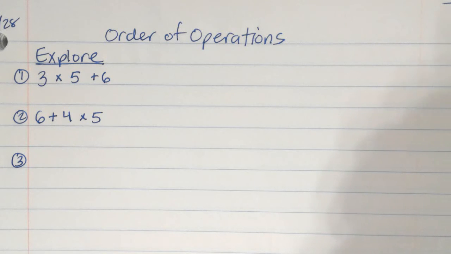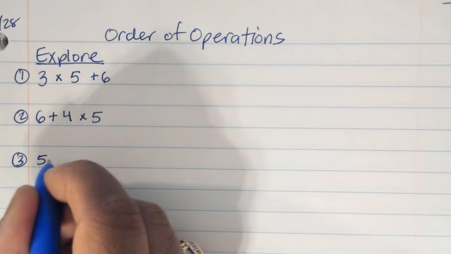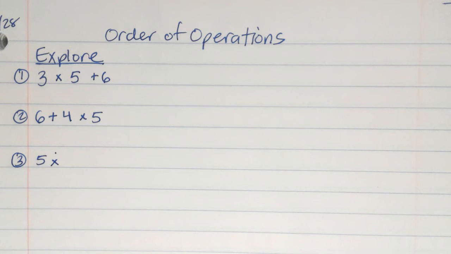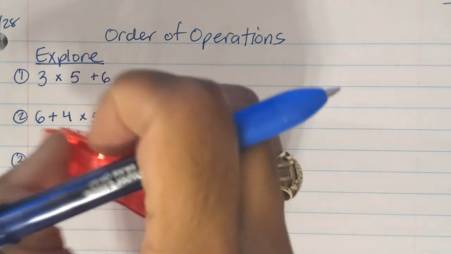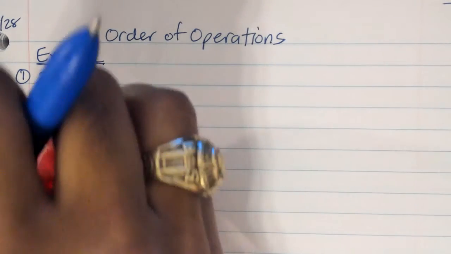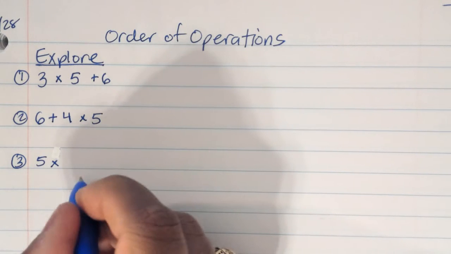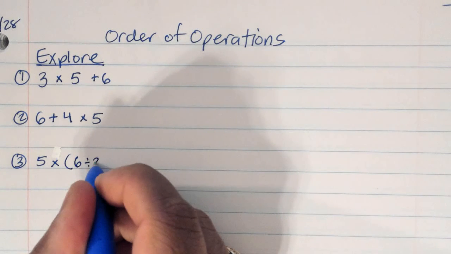Number 3, 5 times, parentheses, 6 divided by 3.